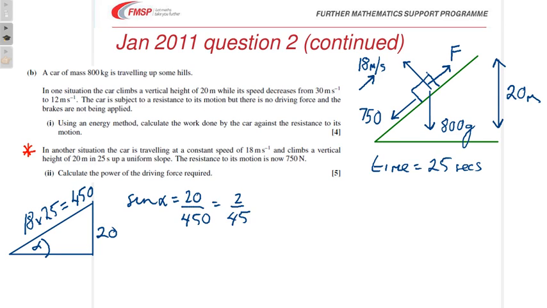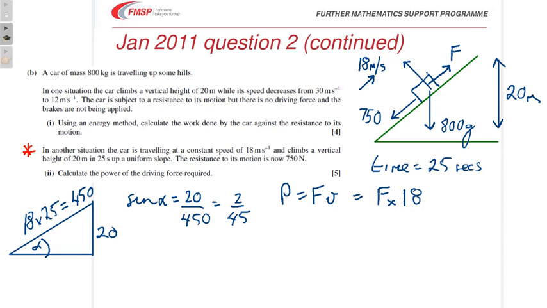Right. We've got to find the power of the driving force required. Well, remember P equals FV. So if it's going at 18 meters per second, it'll be F times 18. So we're nearly there, we just need to find F. Now how can we find F? Well, since it's going at constant speed, there's no acceleration up the slope.